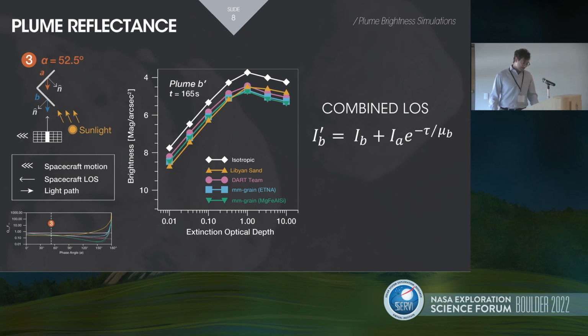What you see is basically the radiance IB prime, which is a combination of IB and IA attenuated by transmission through plume surface B, as shown by the equation on the right. Results are similar to the previous time step, though an increase in divergence between the curves is seen at lower optical depths when compared with the previous results. Again, isotropic scatterers are the outlier.